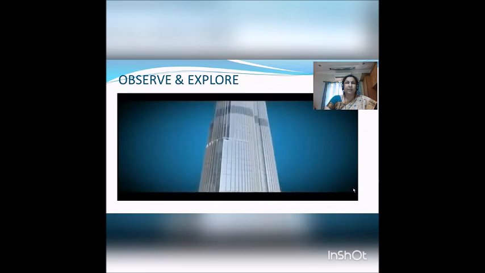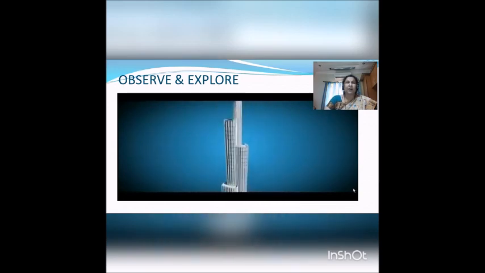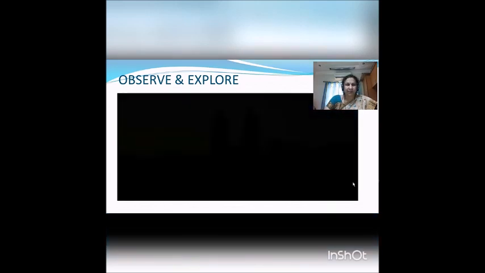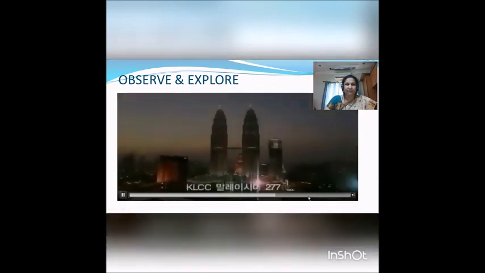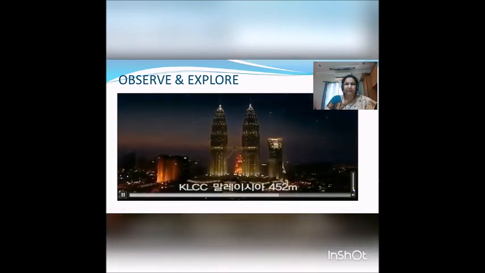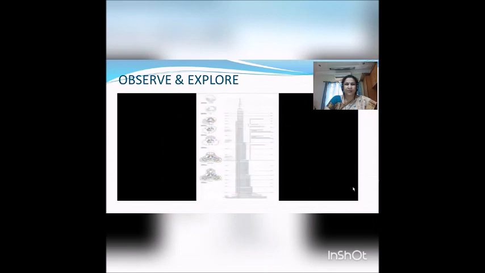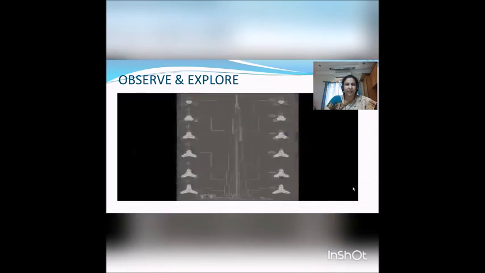But the basic thing is what we have studied in your secondary standards, that is geometric construction, which is the base of this type of construction. So this is a twin building, you all know that. So this is the geometry behind such type of construction.